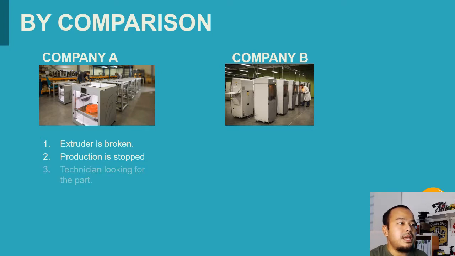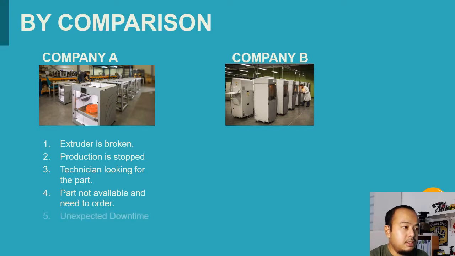Next, the technician looks for the part to replace it, but the part is not available. It means the part is not ready in the factory inventory, so it needs to be reordered. Reordering sometimes takes 7 days, 2 weeks, or a month.